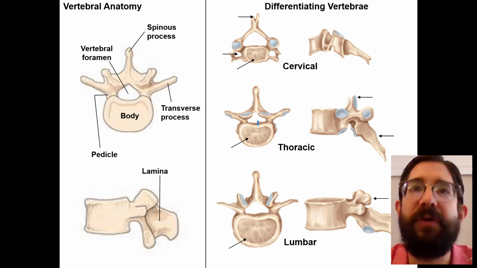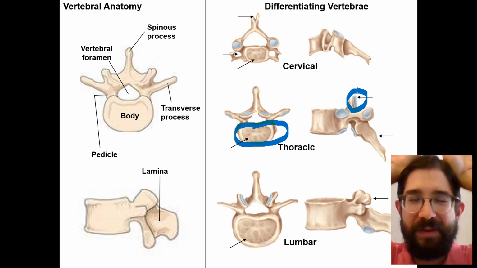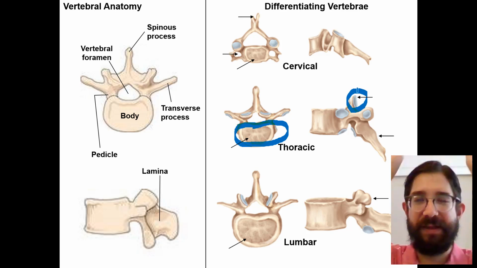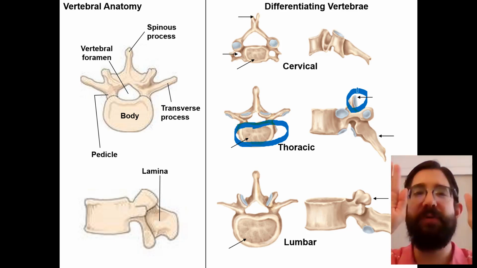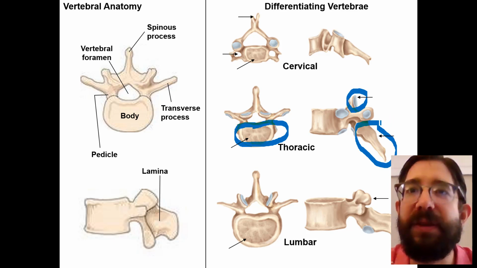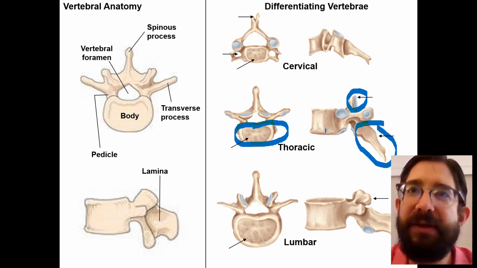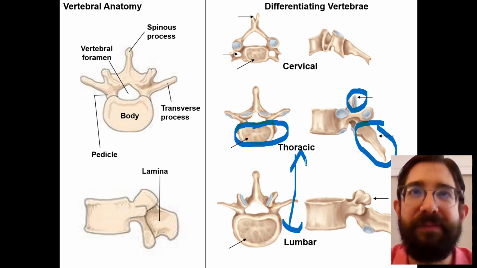So, thoracic vertebrae, their body is medium size, and then they have these little horns sticking up out of the top. They're very smooth and they face forward, and a very long and pointy spinous process. And really, you're just trying to make sure you can tell thoracic and lumbar apart, because cervical has a lot of ways to tell it apart.